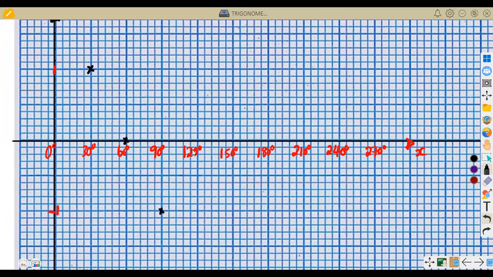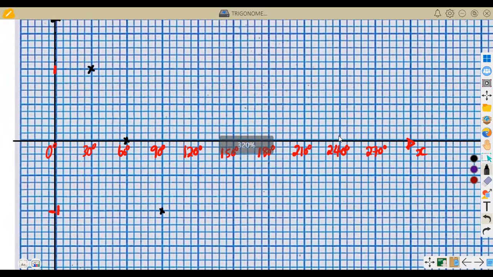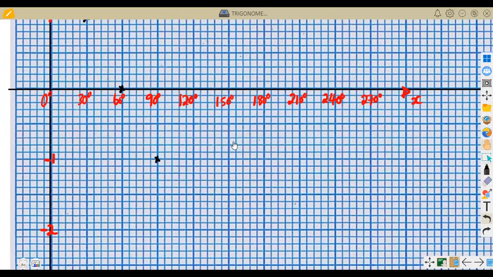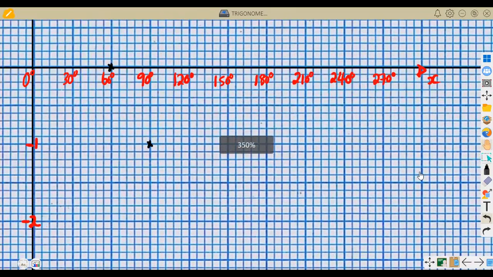At 120, we saw that 120 was versus minus 1,7. So at 120, we are going to need somewhere here. It was negative 1,7, so this is negative 1,5, negative 1,6, negative 1,7, somewhere here. That is for 120, all right? Then 150 was versus -2, so it's 150 versus -2 here. You mark your point.